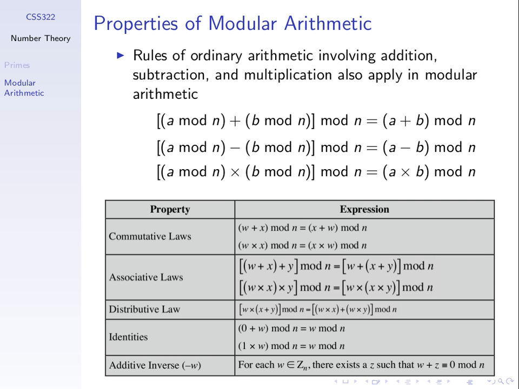What's 121 mod 13? 4. You could work that out in your head, you don't need a calculator. 130 is 10 times 13. 130 minus 121 is 9.